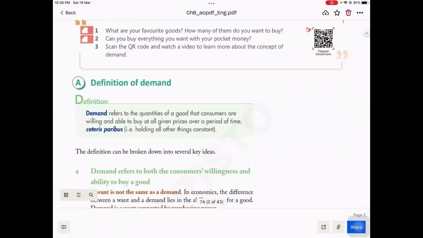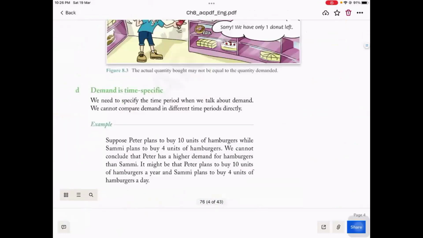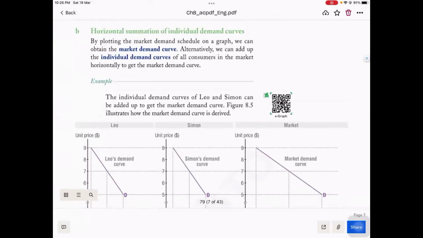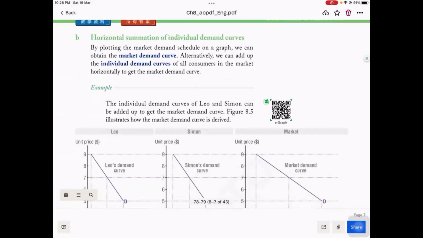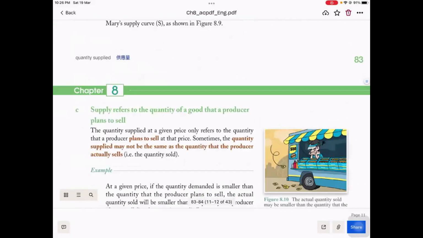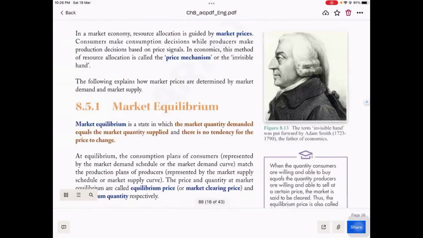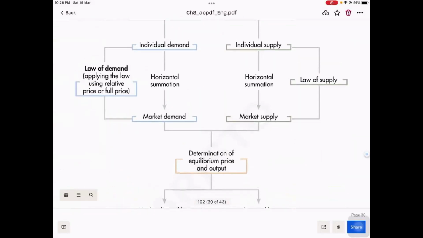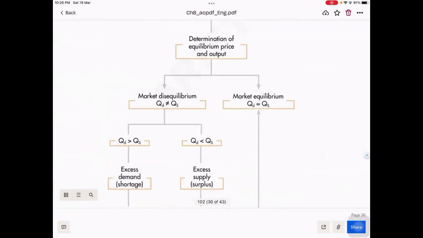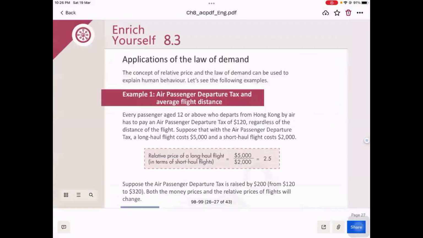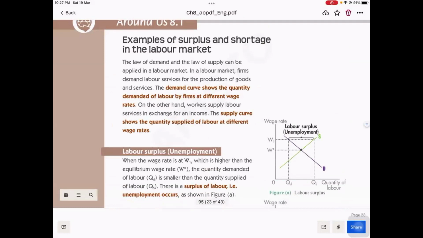It goes from the concept, the definition, law of demand, law of supply, and it goes on and on, very long, until how to determine market equilibrium, shortage, surplus, that kind of thing. So the chapter itself is very long.